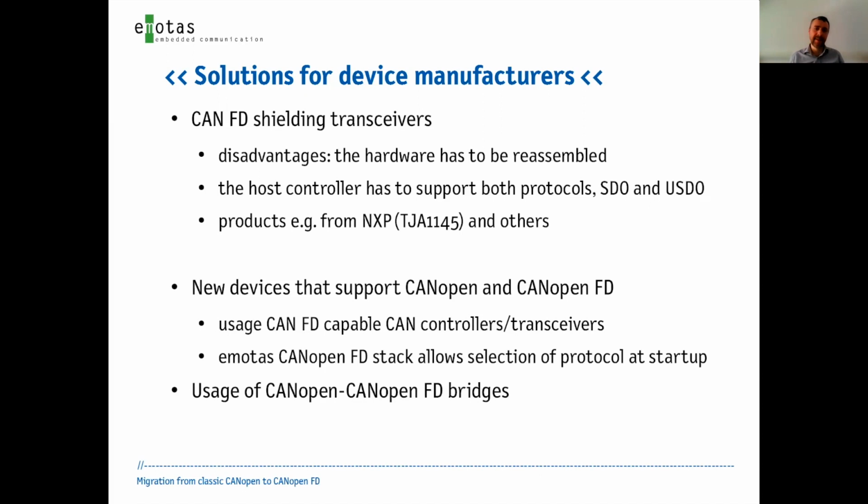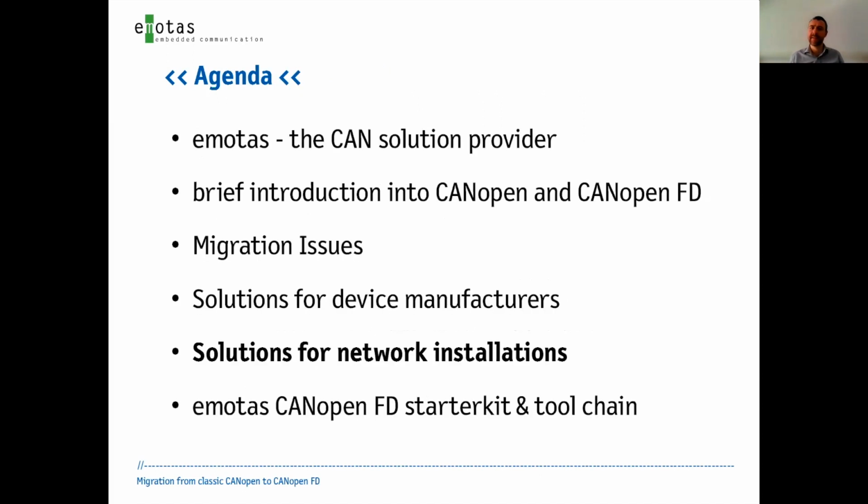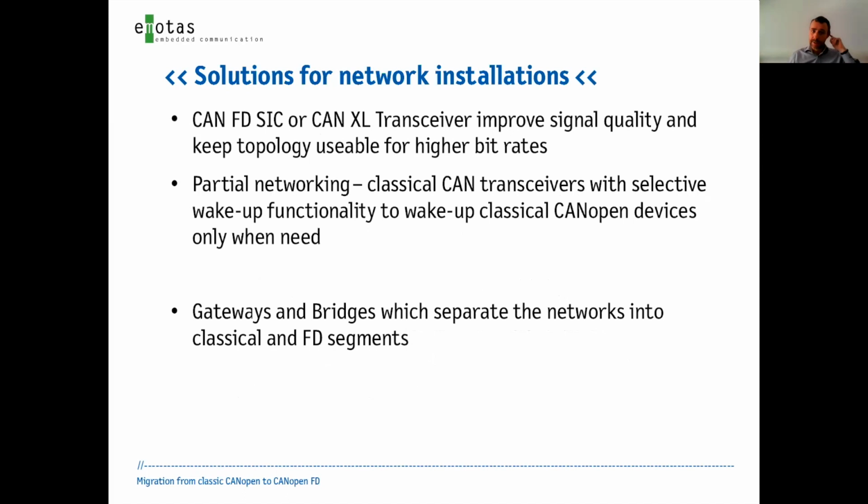For network installations, basically it's similar. The basic idea is to improve your signal quality in your network and to keep your topology. For higher bit rates, it's recommended to use CAN FD SIC transceivers or CAN XL transceivers, which also provide the signal improvement capability for CAN FD signals.